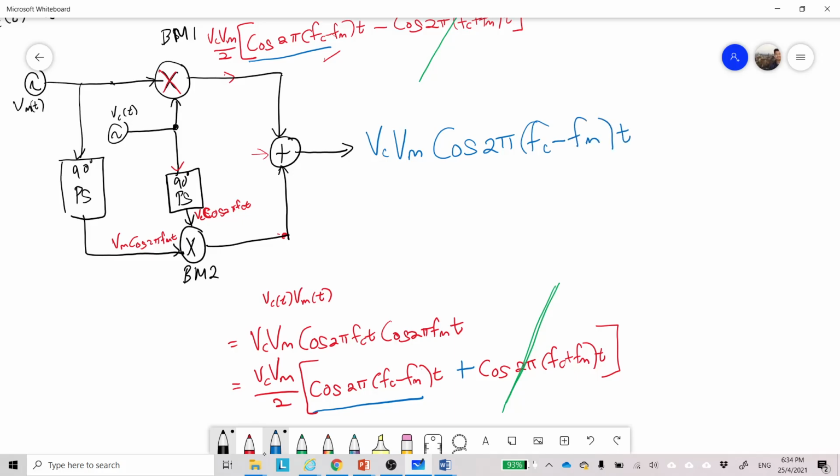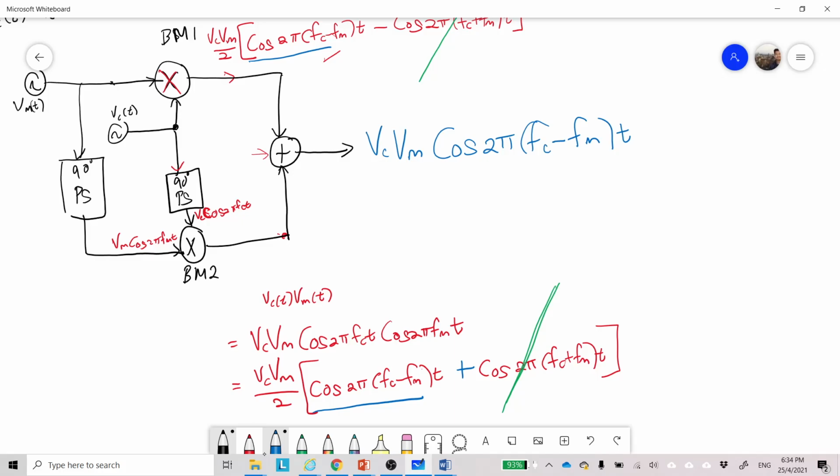So in this example, it will produce a lower sideband. Okay, it will produce a lower sideband. So the output is actually a single sideband without carrier.